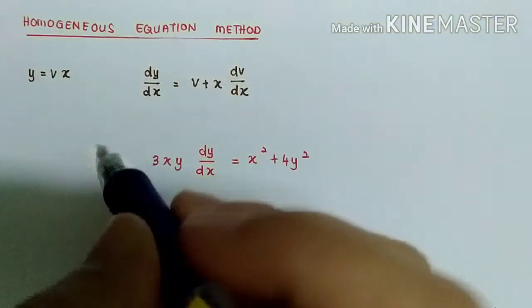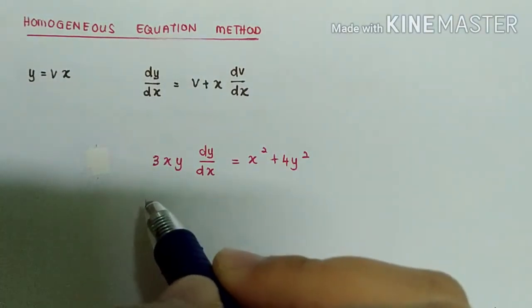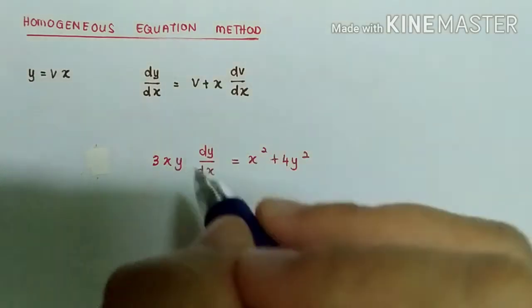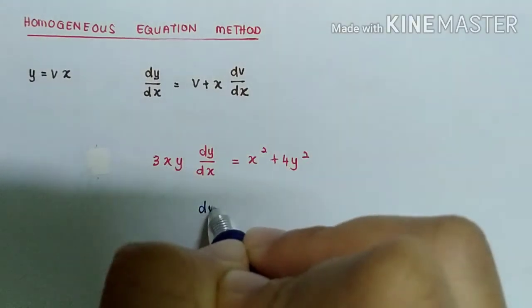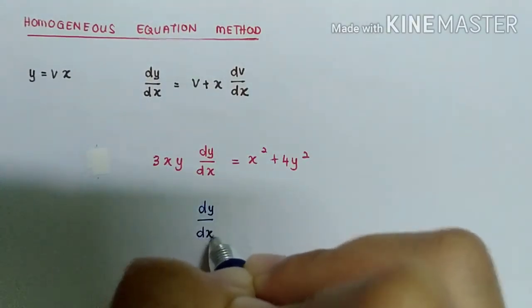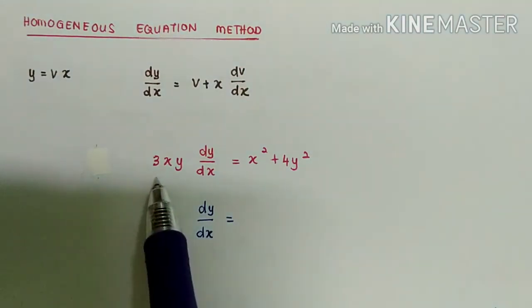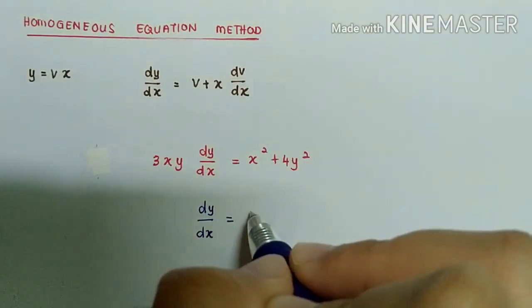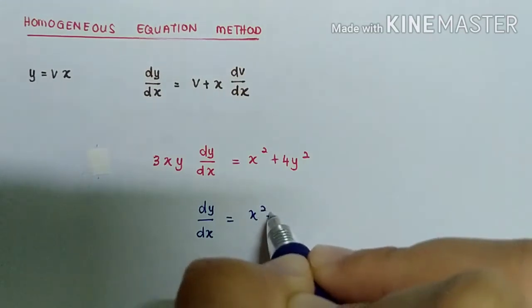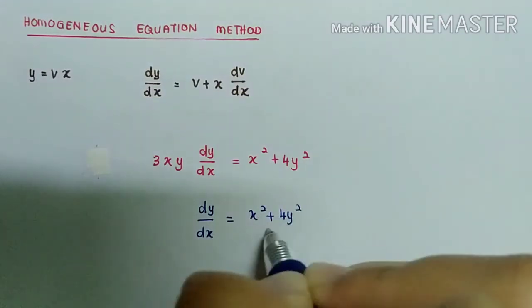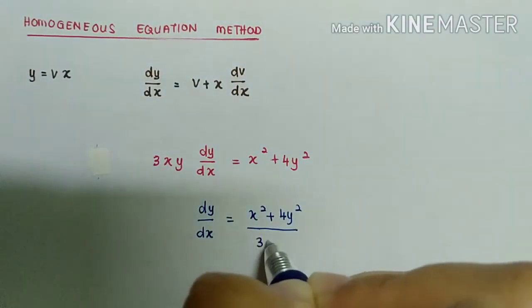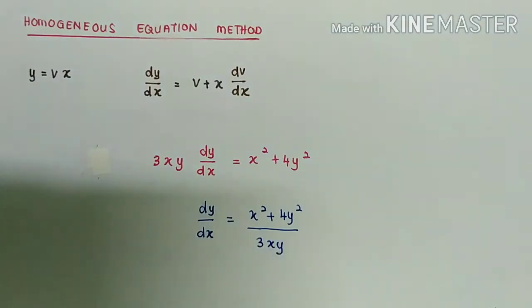For this question we have 3xy dy/dx, so we can transfer 3xy to the right side, and we have x squared plus 4y squared divided by 3xy.